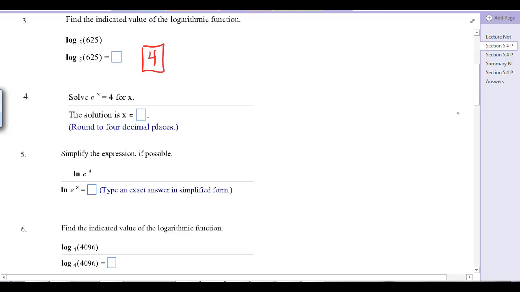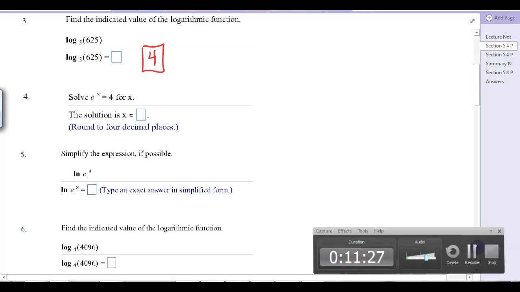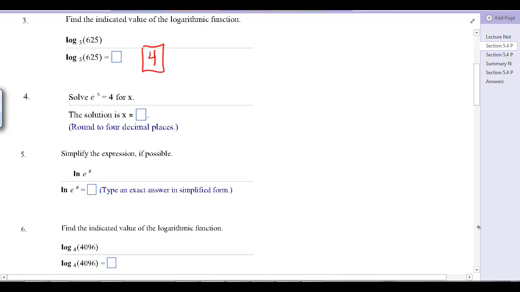Solve e to the x equals 4. All right, remember we're going to take the ln of both sides, and our rule says ln of e to the x equals x.